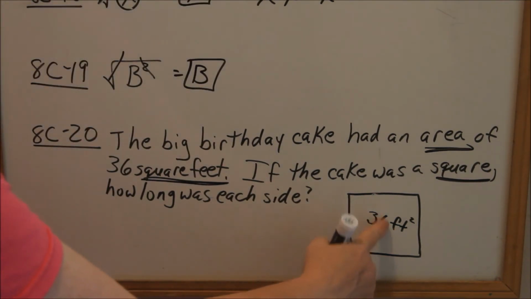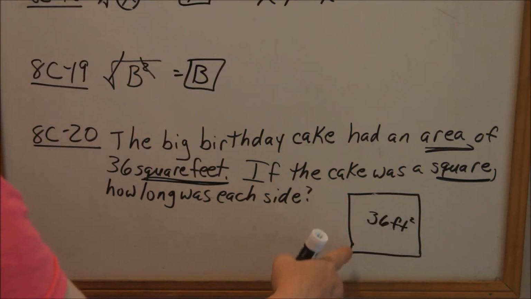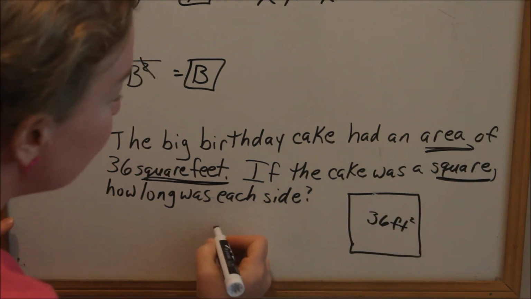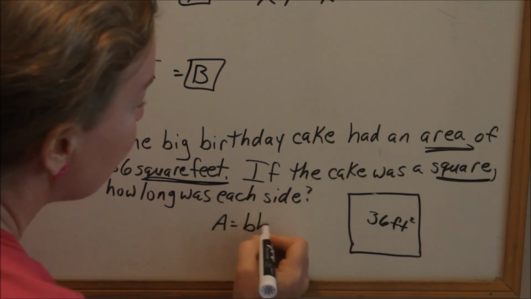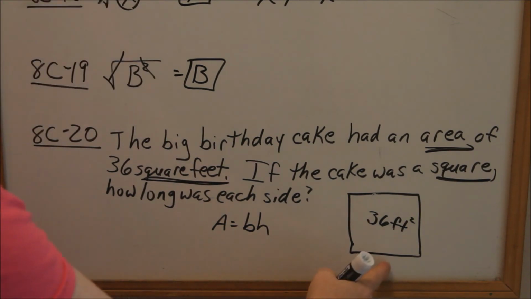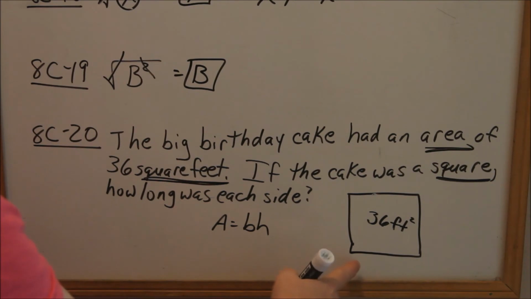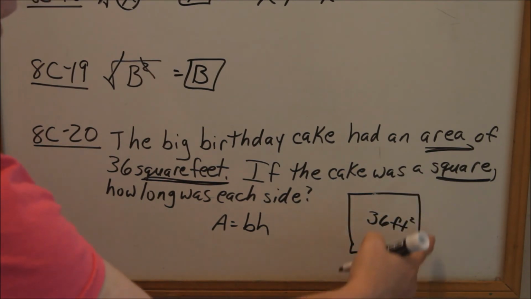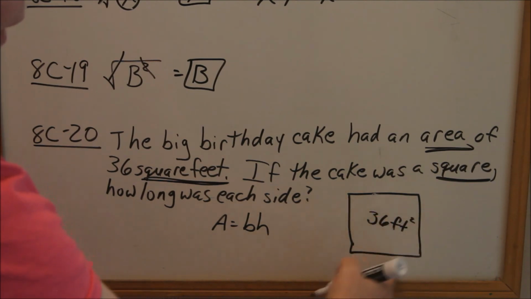How do we find the area of a rectangle, which a square is a special rectangle? Base times height. Well, if it's a square, we know that this side is the same as this side. So what times itself, because these two have to be the same.